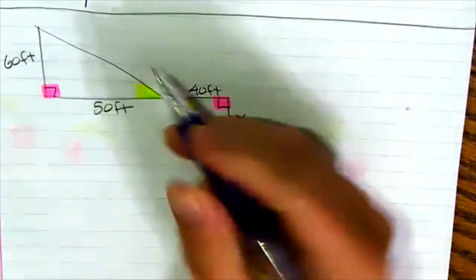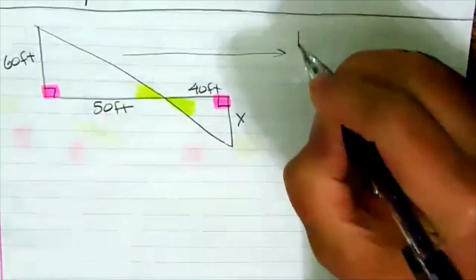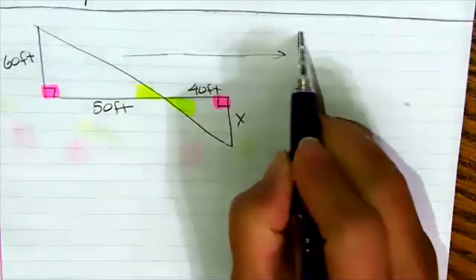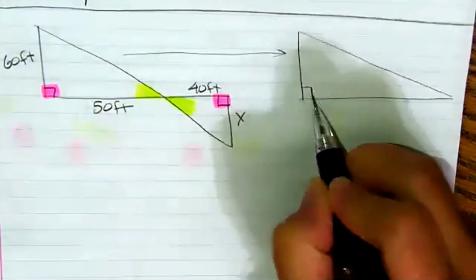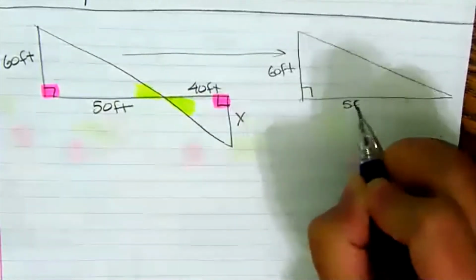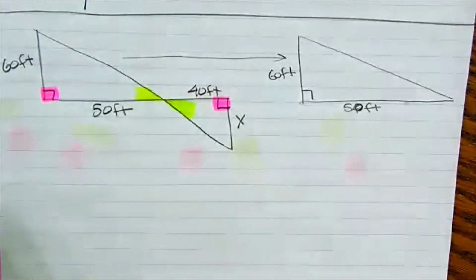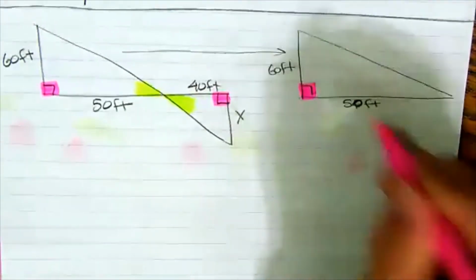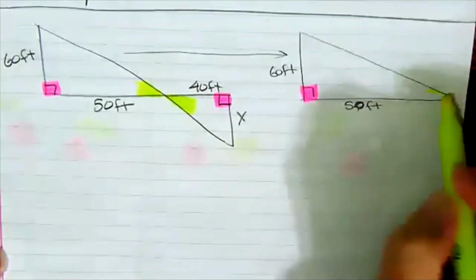So I'm going to break these triangles apart so that I can find corresponding parts. So this is the first triangle. Here's my right angle, and here's my vertical angle.